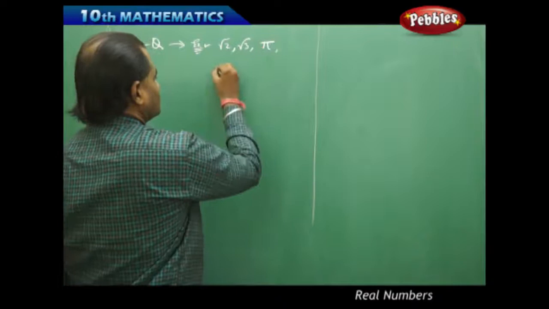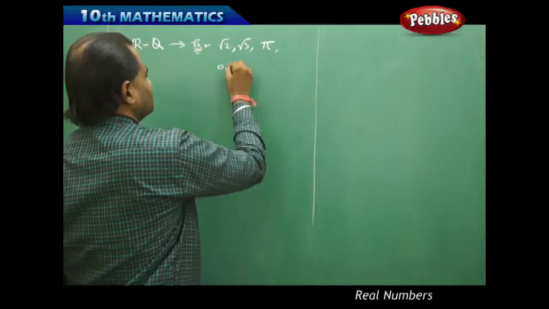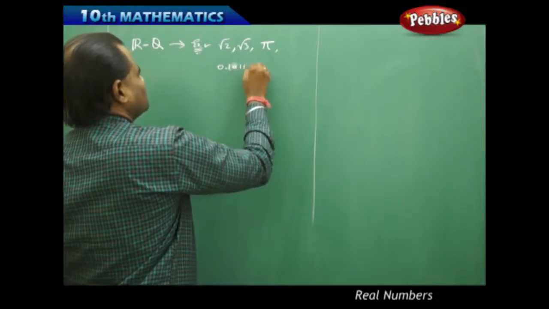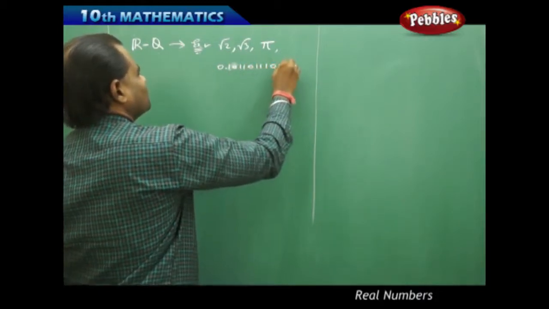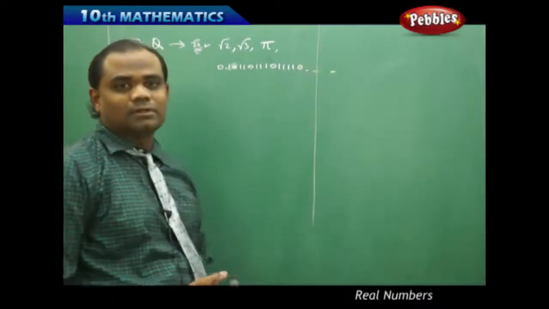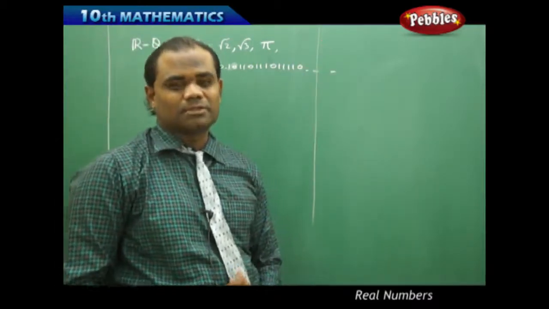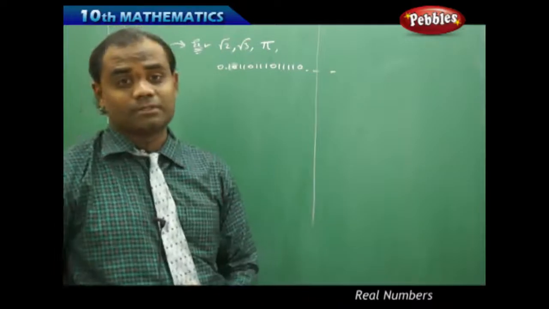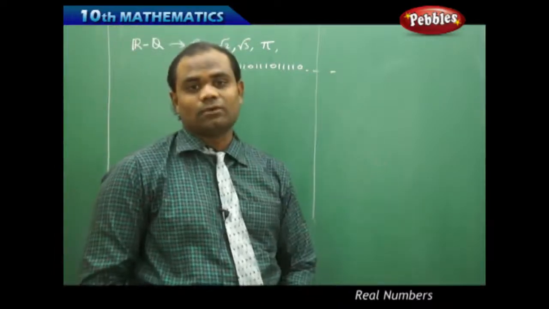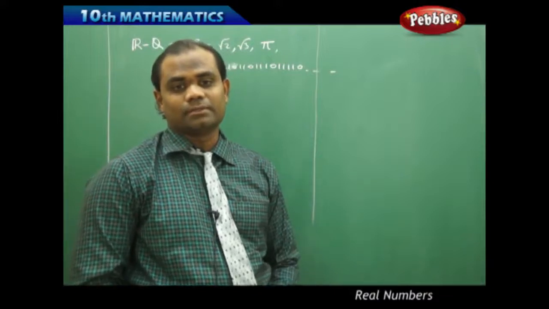Then you can also take 0.010110, etc. So I have different types of irrational numbers in mathematics. This being one of the cases is how I understand irrational numbers.